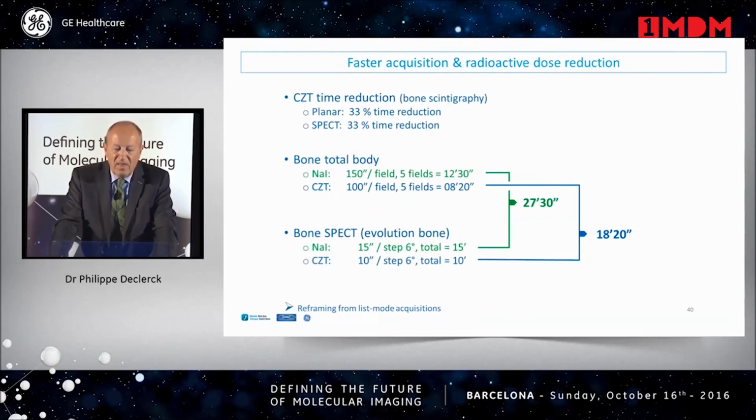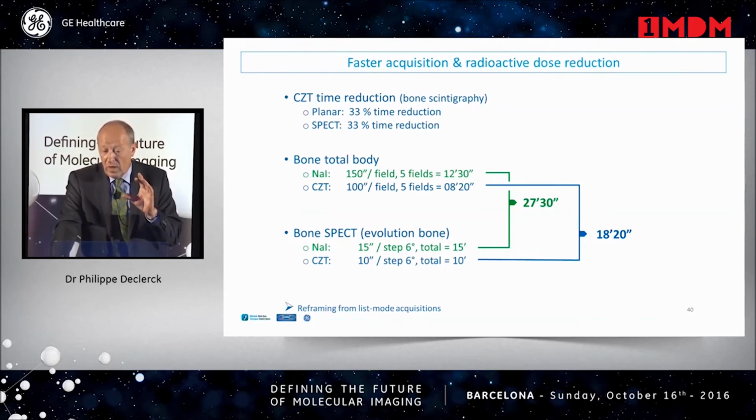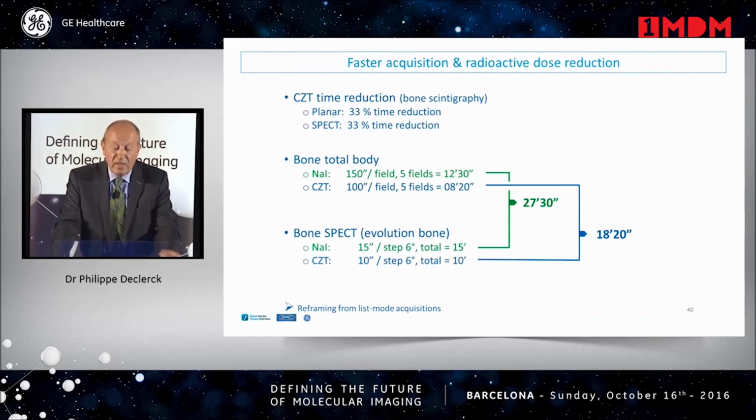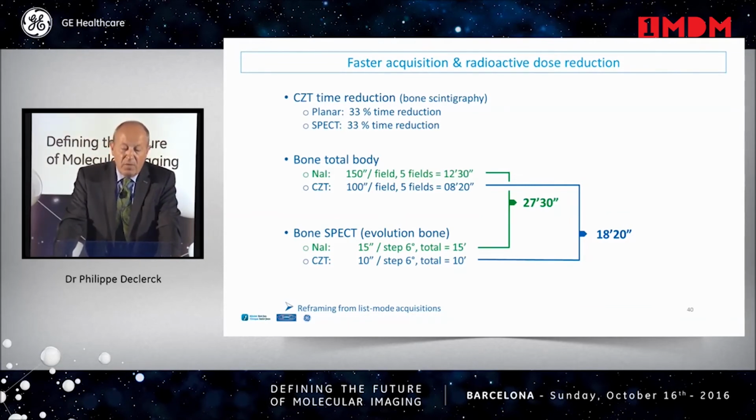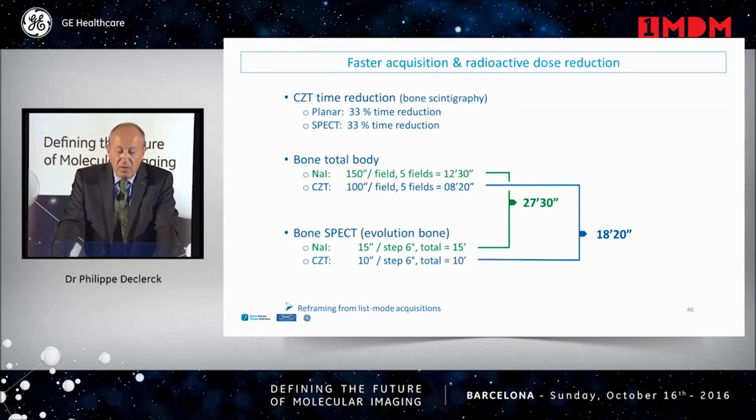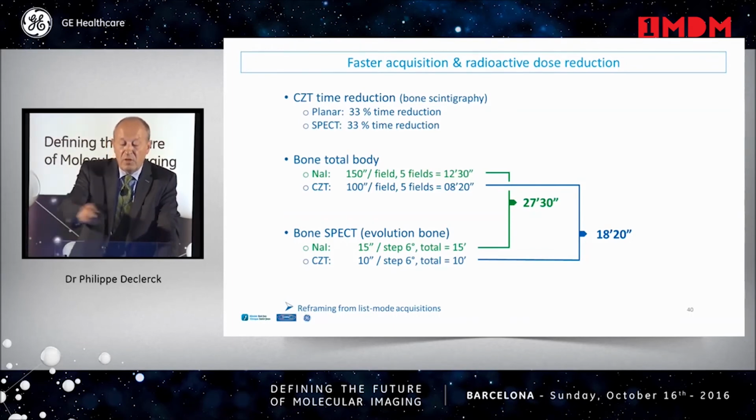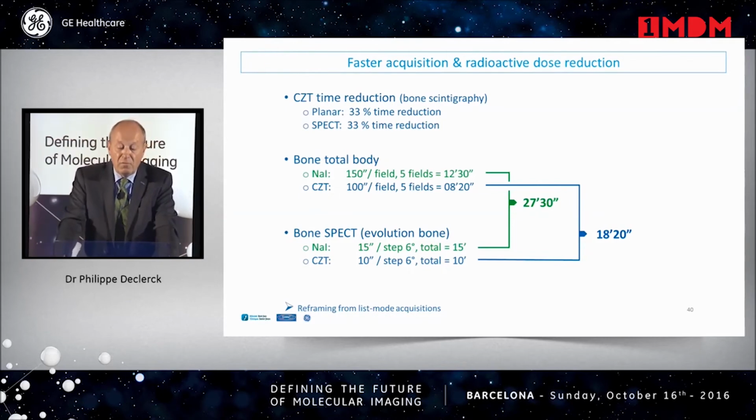So with CZT and planar, what we validated now for bone studies is that we can do a 33% time reduction, which is 1/3. So if you want to have it in numbers, what we do for bone scan is step and shoot. For each field, normally we would use 150 seconds. We scan the patient in 5 fields, which will take 12 minutes. On CZT, when we reduce by 1/3, it would be 100 seconds per field.